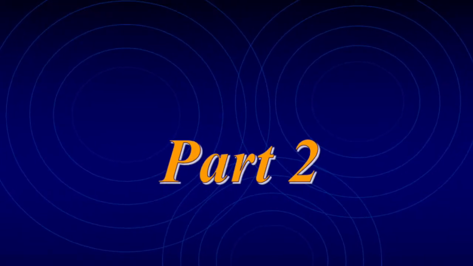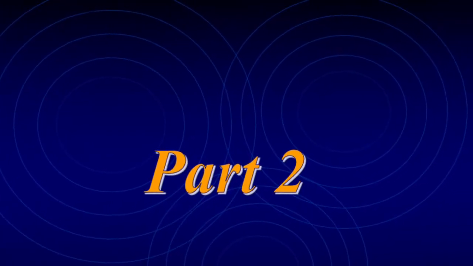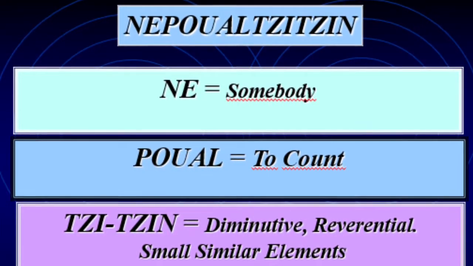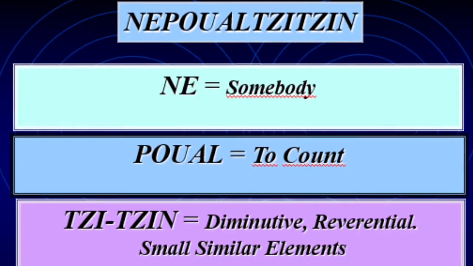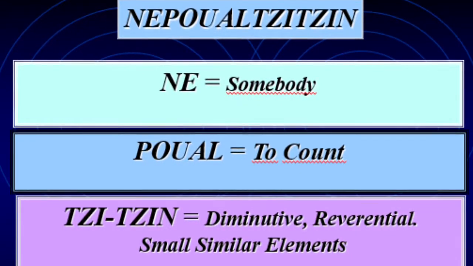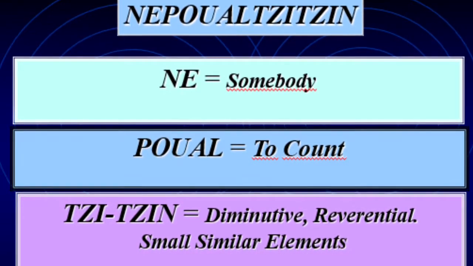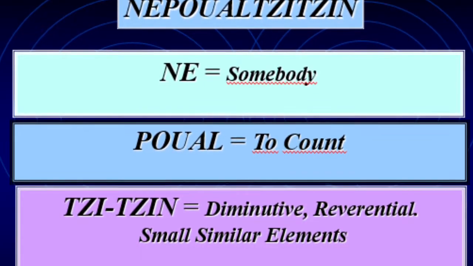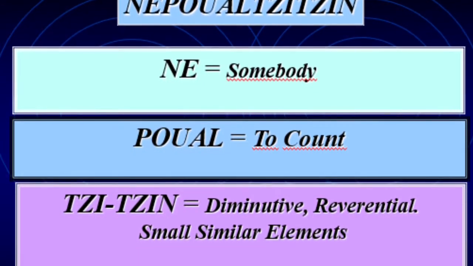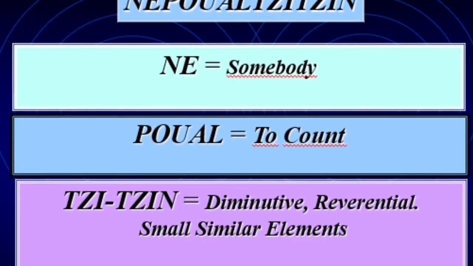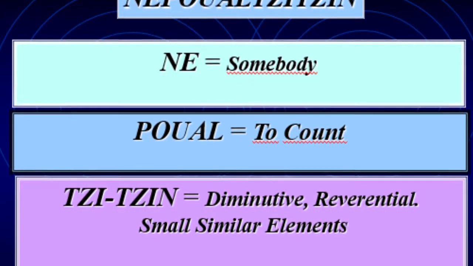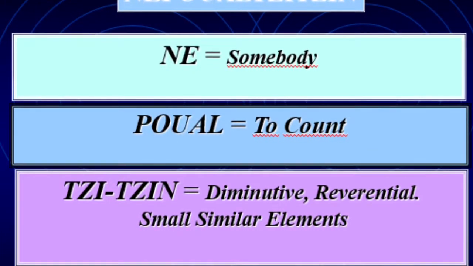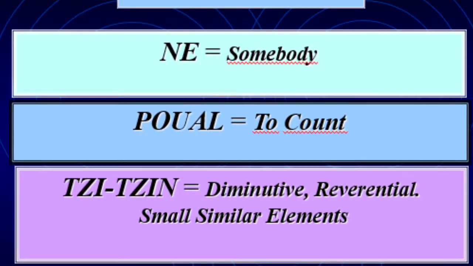Okay, so let's go to the main word that is represented in the name of this video and also the name of the book. Nepoualtzitzin. It's a Nahuatl word that is formed by 3 parts. The first part, or the first root, is ne, that means somebody. The second one is powal, that means to count.